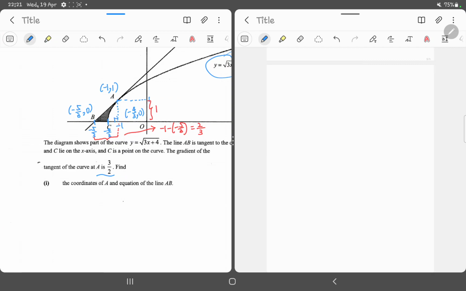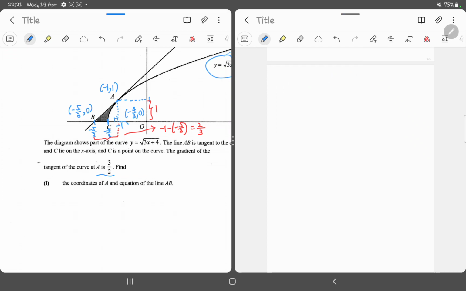So to find the area of this right angle triangle, let me just name it as area of right angle triangle. Maybe to be more precise, right?